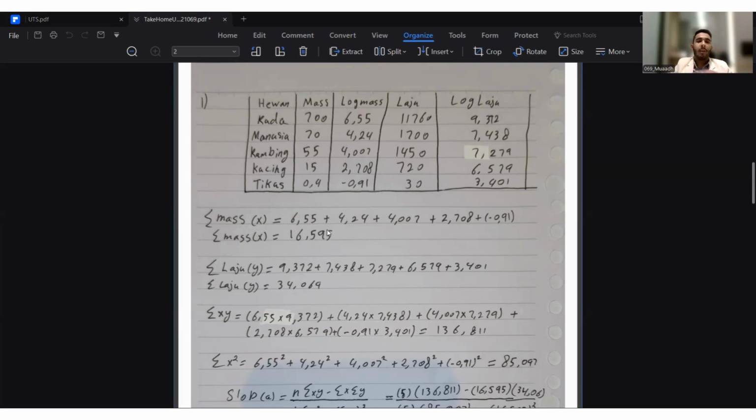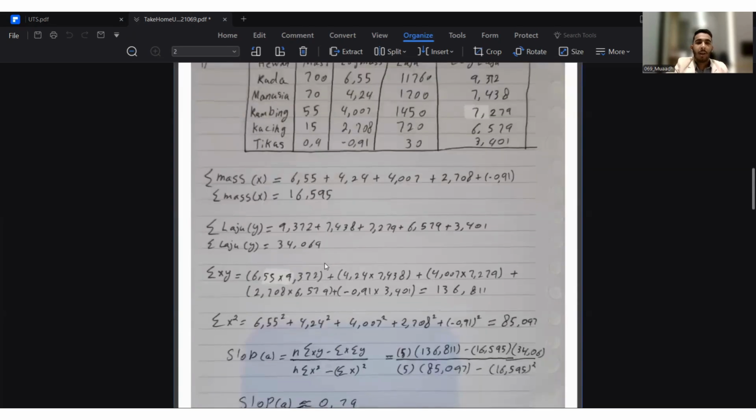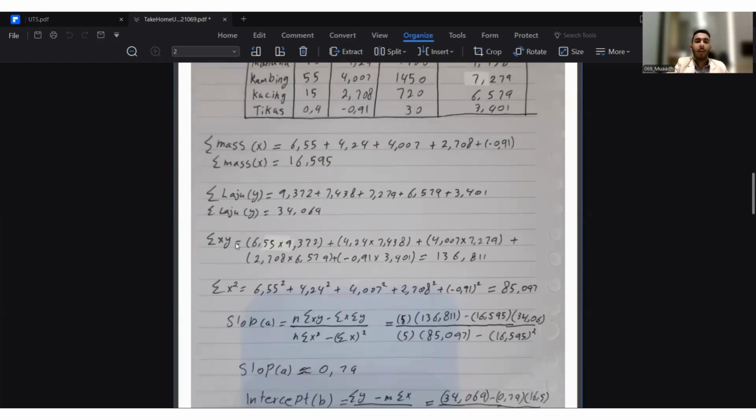The total of x, combining all the numbers, is 16.595. For the metabolism rate, which is y, we add up all the natural logs of the numbers provided and end up with 34.069.